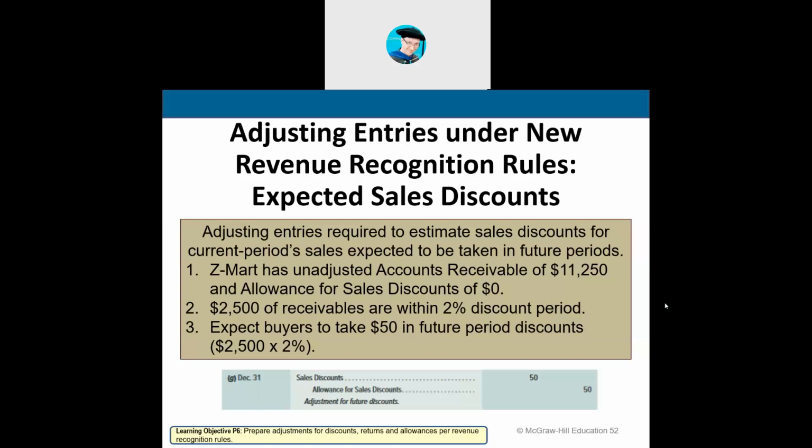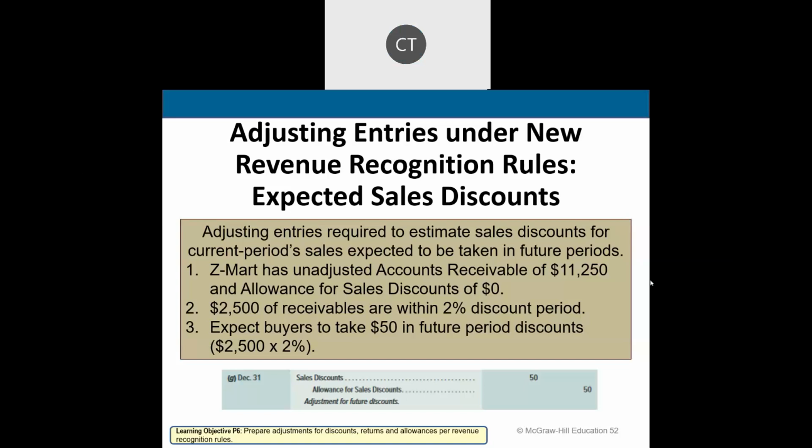That's what the allowance for future discounts essentially means, and it's a way to attract customers to pay their invoices early. I hope that helps to clarify. Yeah, it does. Thank you.